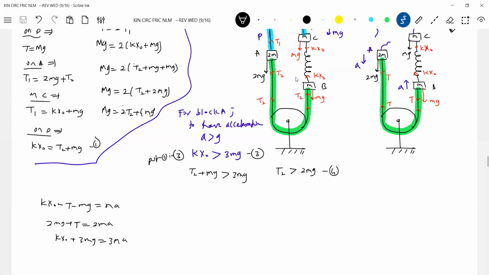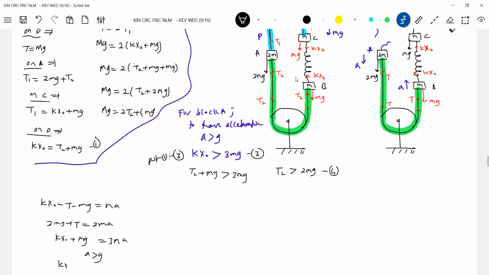Kx naught plus mg, no? This is A greater than g, so kx naught greater than 2 mg. A should be greater than mg. Not 3 mg, it will not come.